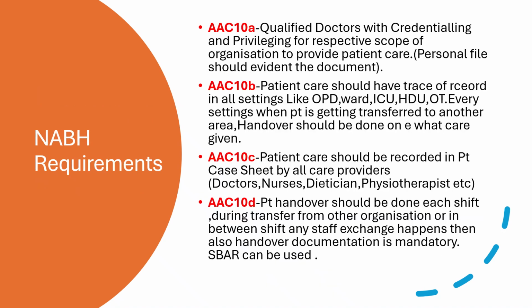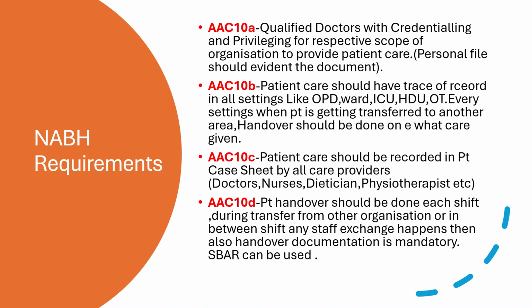So the NABH requirement for AAC-10A is that qualified doctors with credentialing and privileging for the respective scope of the organization should provide the patient care. Personnel files should evidence the documents, whatever the scope of services available in the organization.